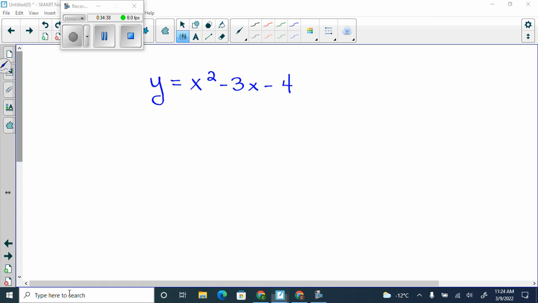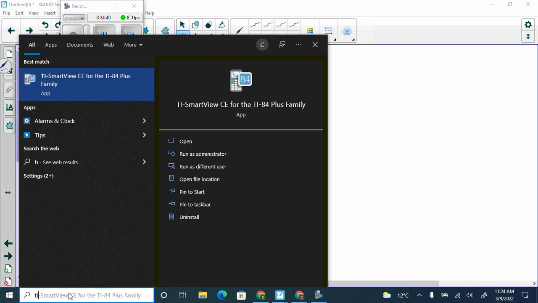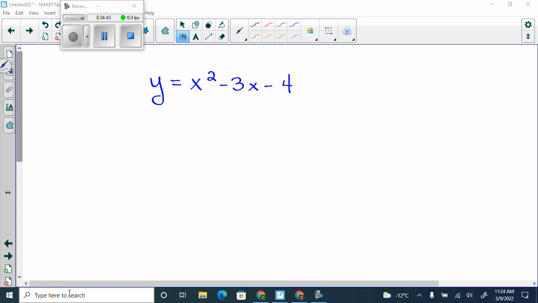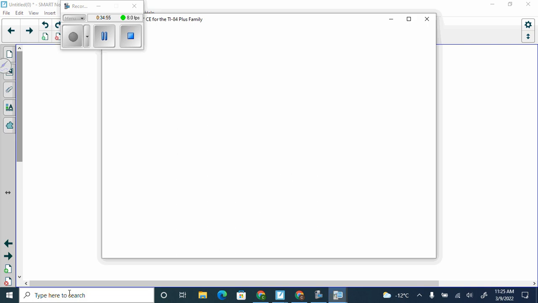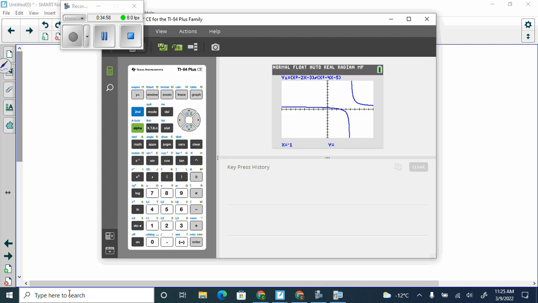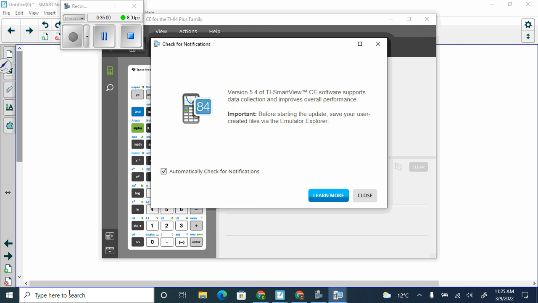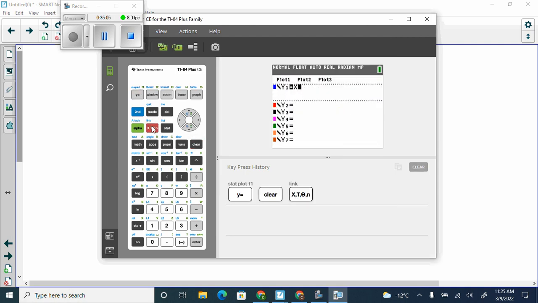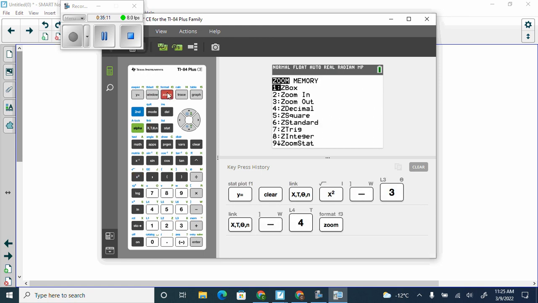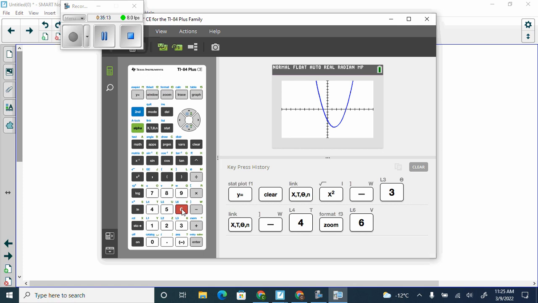We're just going to start working in our calculators. Then zoom 6, because I don't know what my window is set to, since I swapped between you guys and the AP classes.